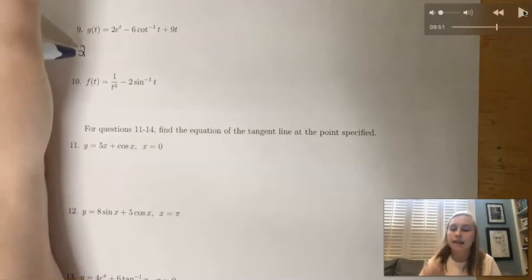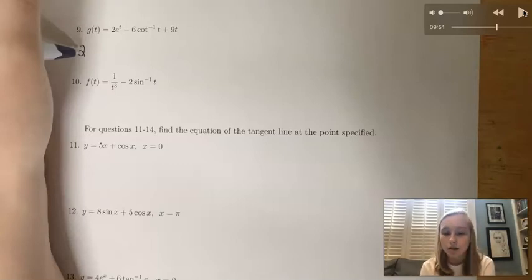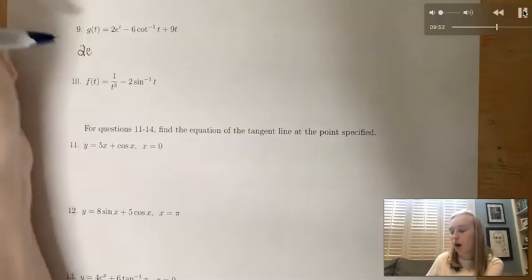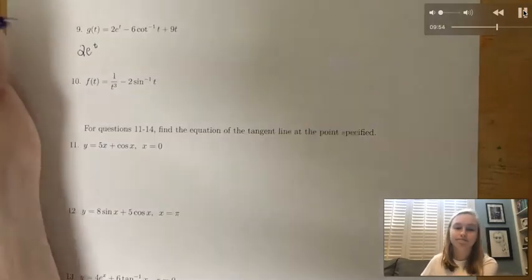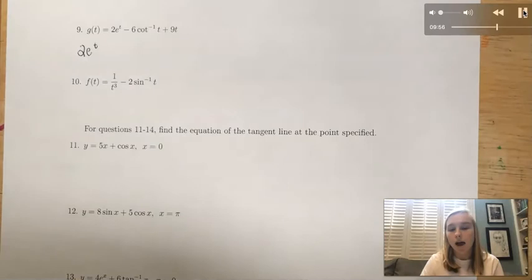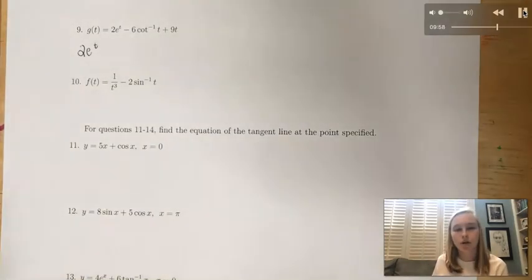So like I said, e to the x, e to the t, e to the theta, e to the anything stays the same. Thank goodness. And 2 is a constant, so it stays the same too. So 2 e to the t simply stays the same, 2 e to the t. Don't worry about that. And then we move on to our trig part of the problem.